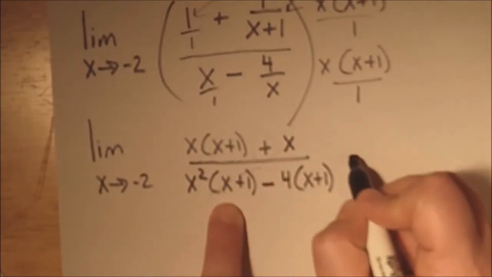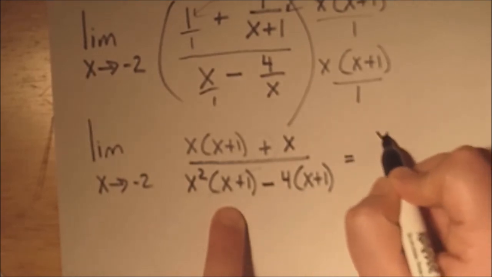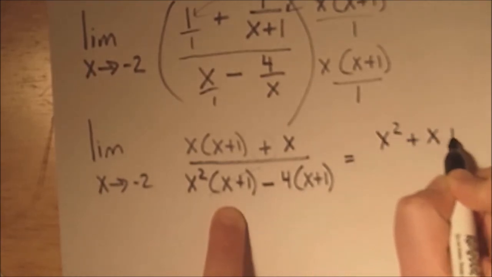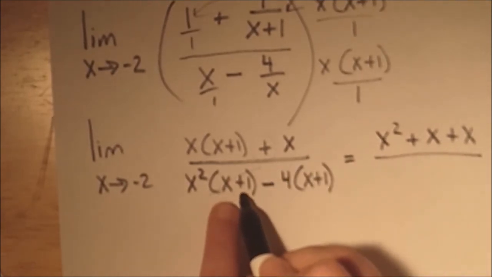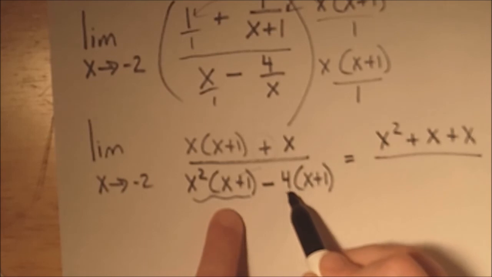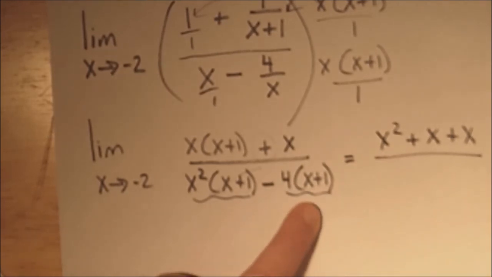Although let me distribute here in the numerator, so I would get x squared plus x plus x. Let me do this in the denominator. Notice how each of these has the factor x plus 1.